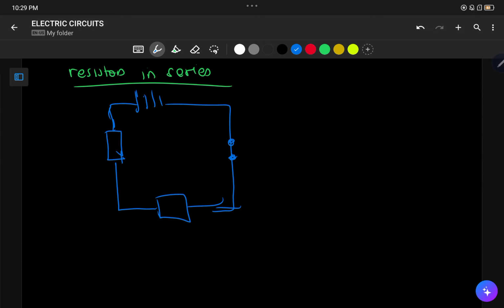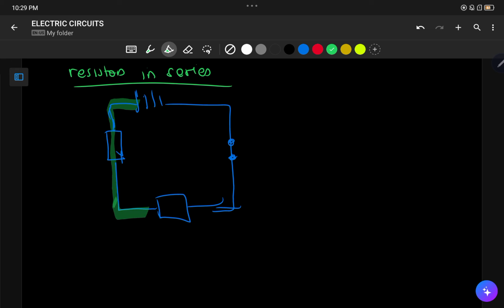There is no split. So let's go back to the illustration. If they say they are in series, you move from the positive terminal, you pass R1, you pass R2, you pass through the switch, and then you go back to the battery.